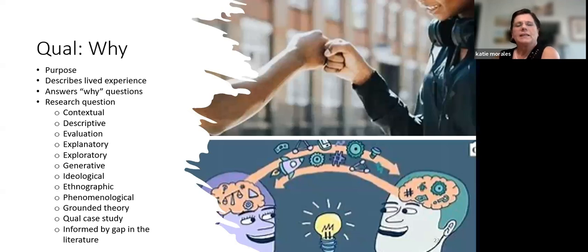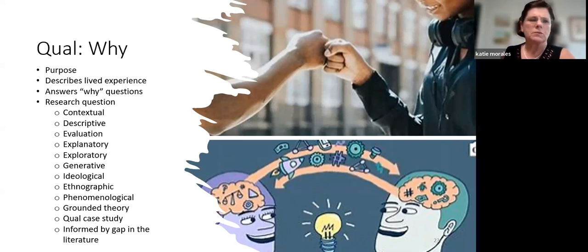When we think about why, again, we'll look at the purpose of the research. Qualitative is very good for describing that lived experience and answering the why question. And you can look at all the different types of research questions you could have for a qualitative. So when you're reviewing those shoe shopping comments, remember, you could be looking at it from any of these different angles, if you will.